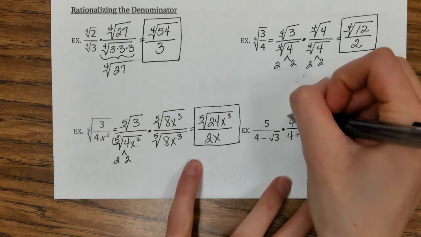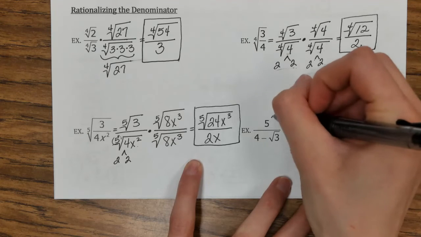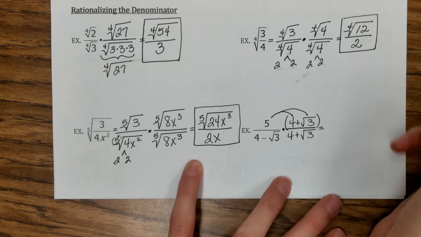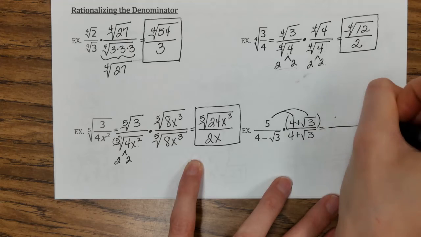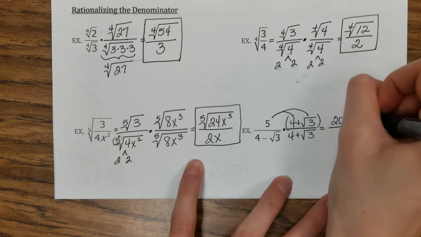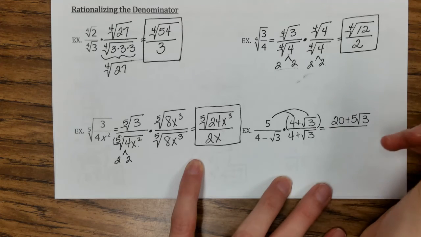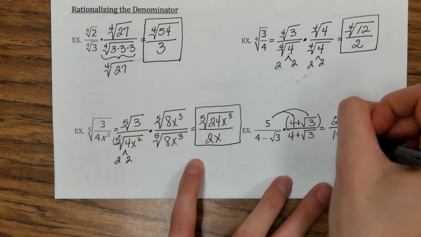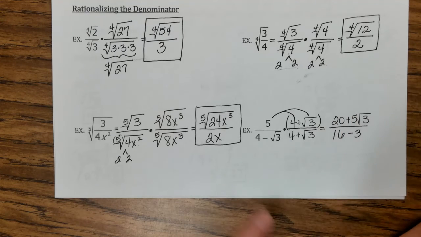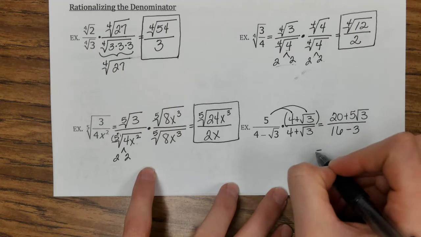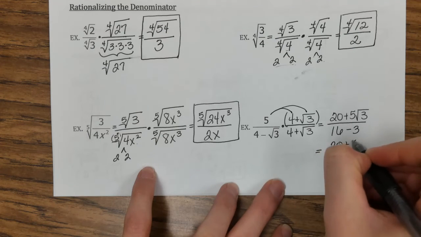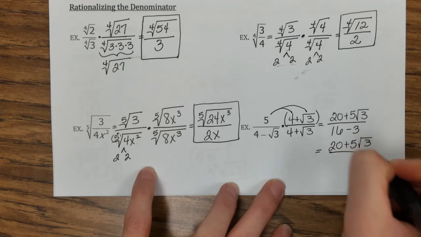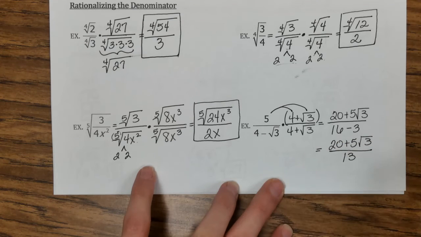So then I am multiplying this 5 to the 4 and the square root of 3. I'm distributing that. So I should have 20 plus 5 square root of 3 over 16 minus 3. So 20 plus 5 square root of 3 over 13.